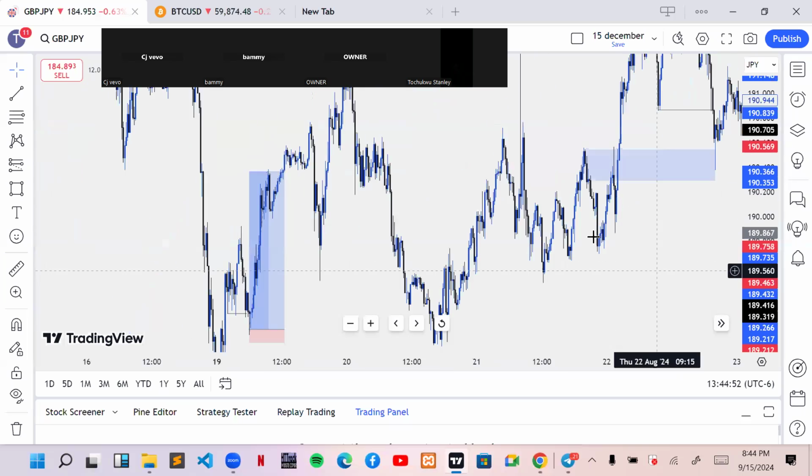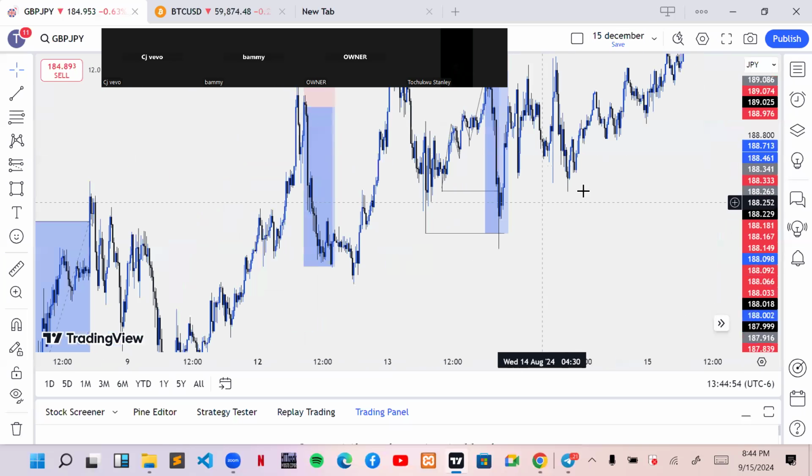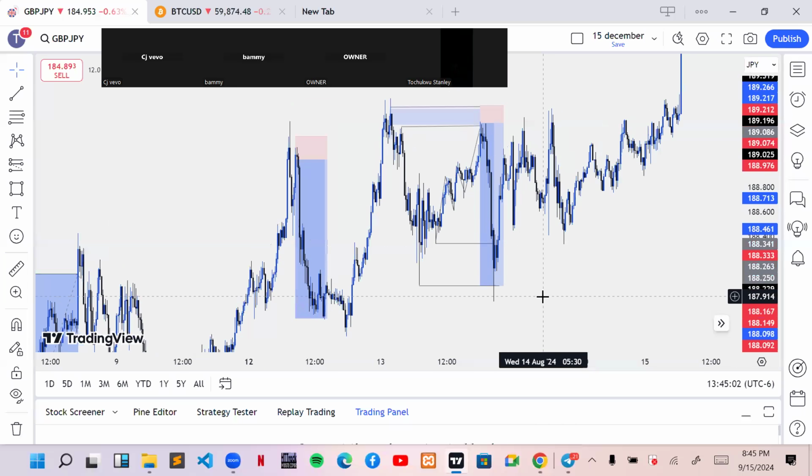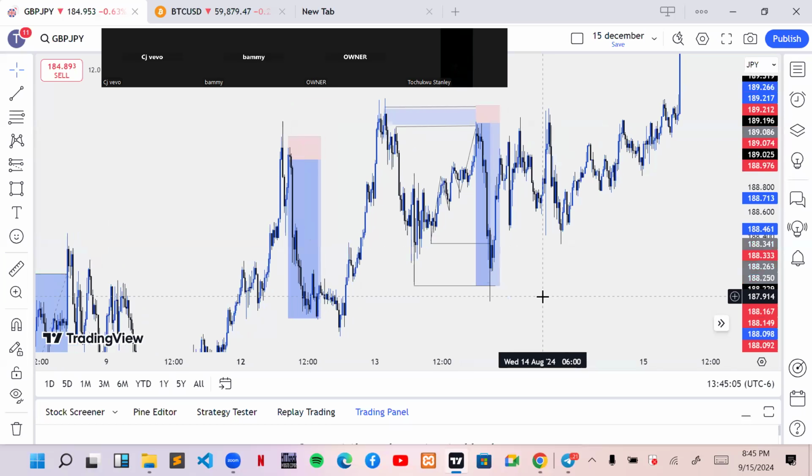The liquidity you took for your TP, I think to me is an inducement for a buy trade. The buy trade seems valid to me. I don't know if it's valid to you to start with.